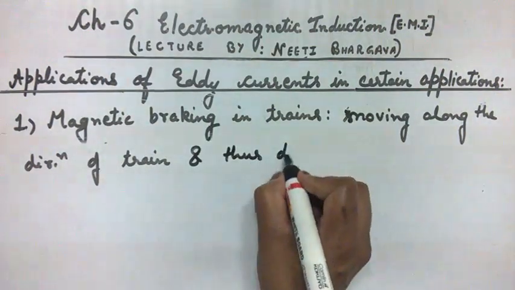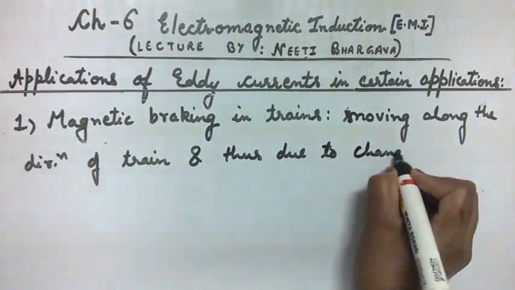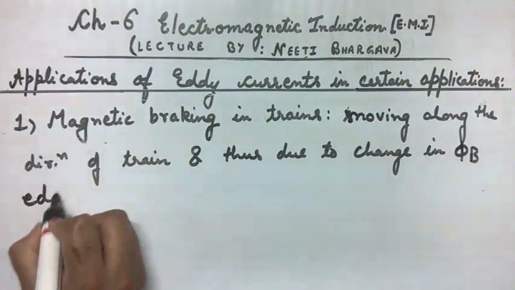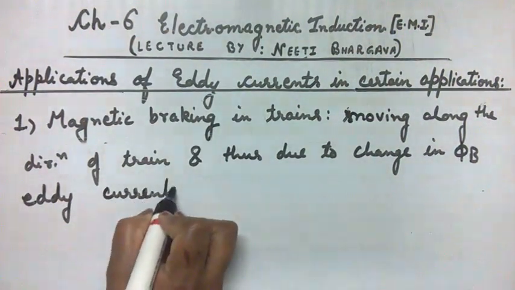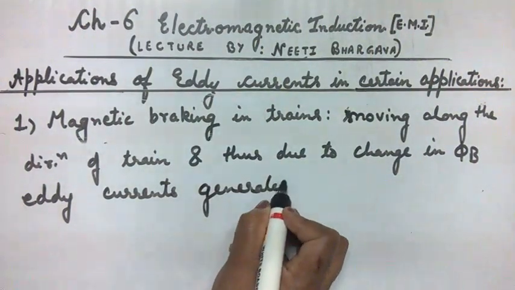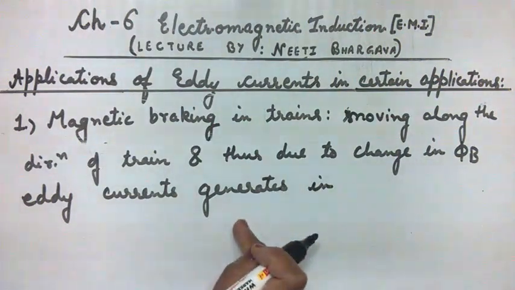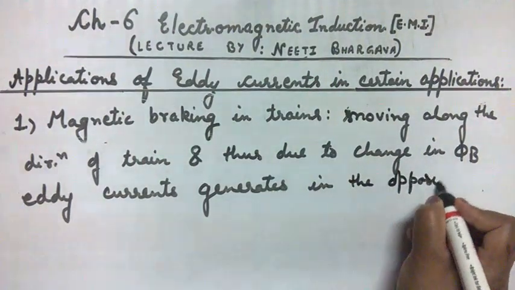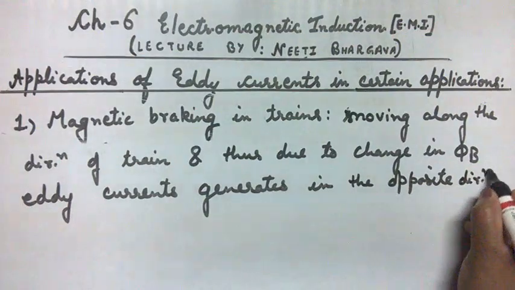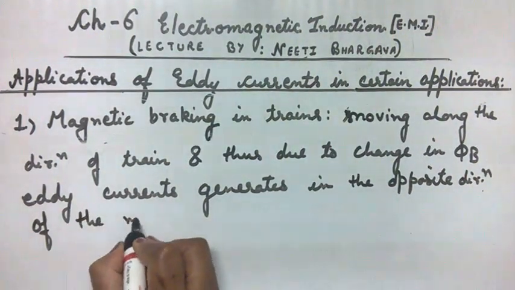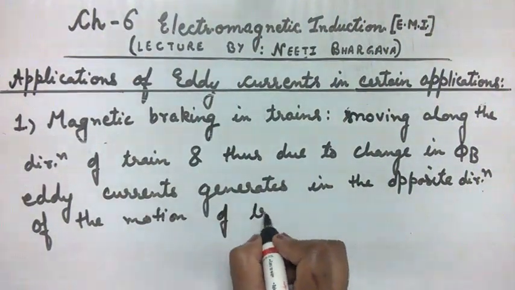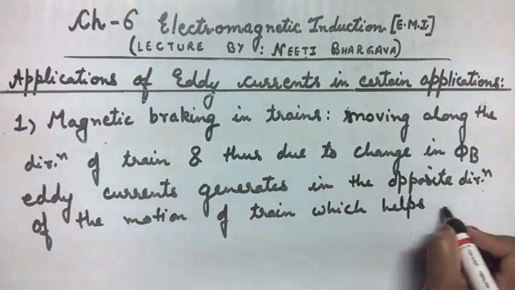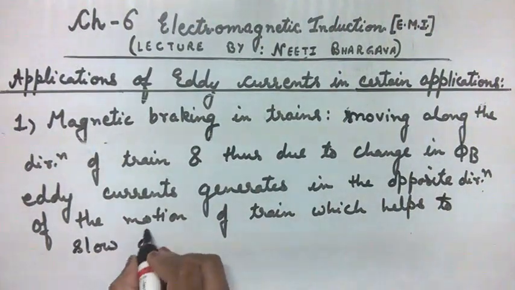Thus, due to the change in magnetic flux, eddy currents are generated in the opposite direction of the motion of the train, which help to slow it down.